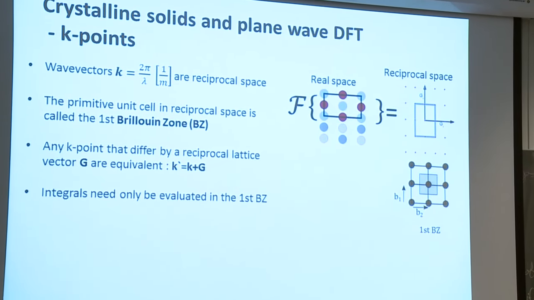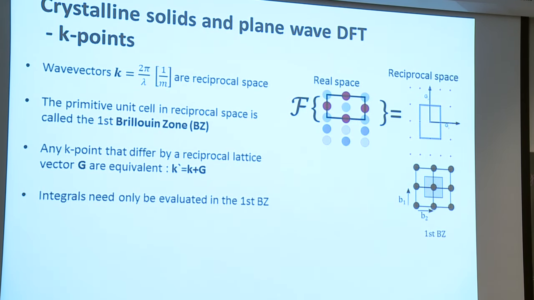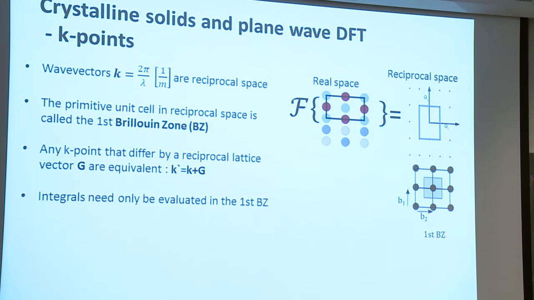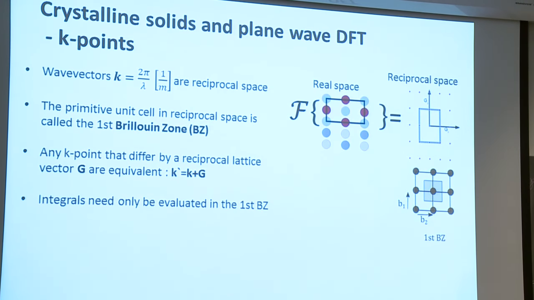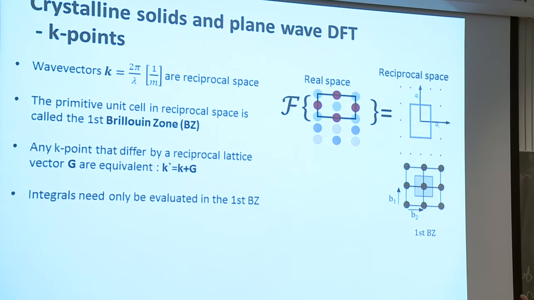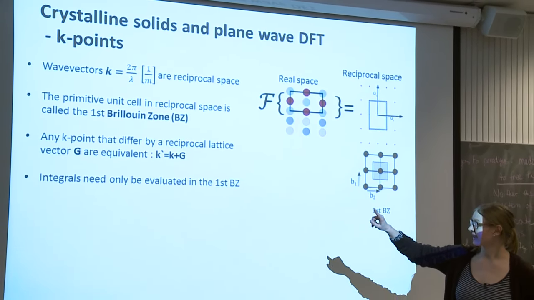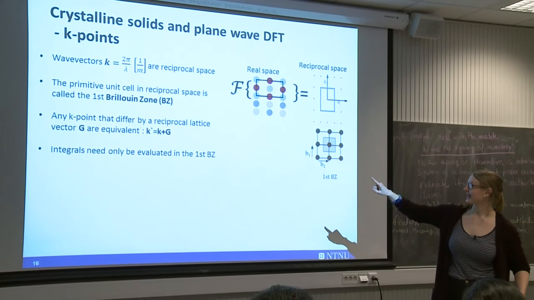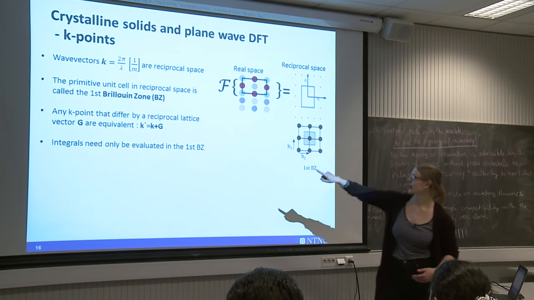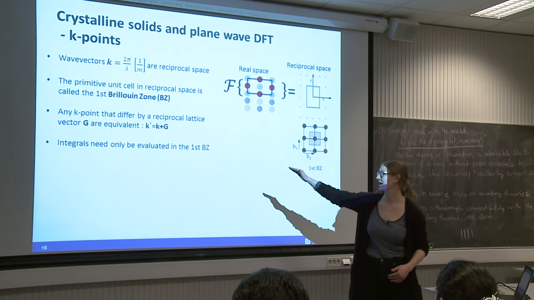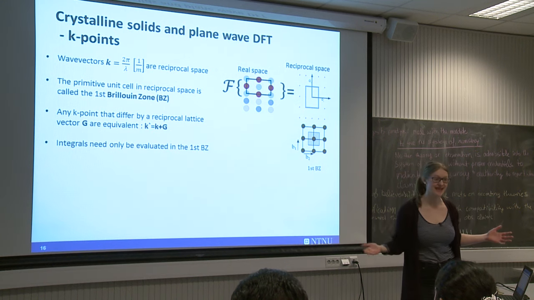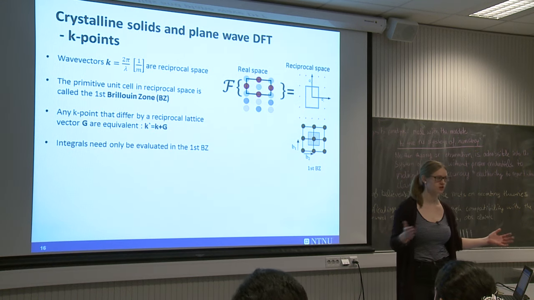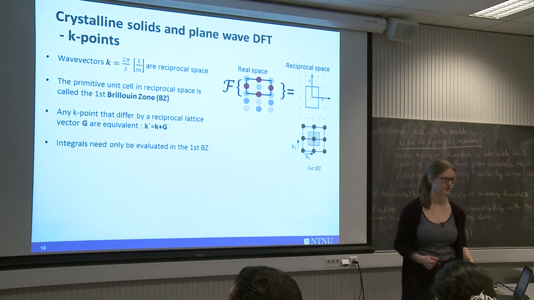Then you need to know that any K vector which extends the primitive cell in your reciprocal space, or extends the Brillouin zone, if it can be written as the sum here, so if it just differs by some reciprocal lattice vector G, it's basically the same wave, just phase shifted, right?